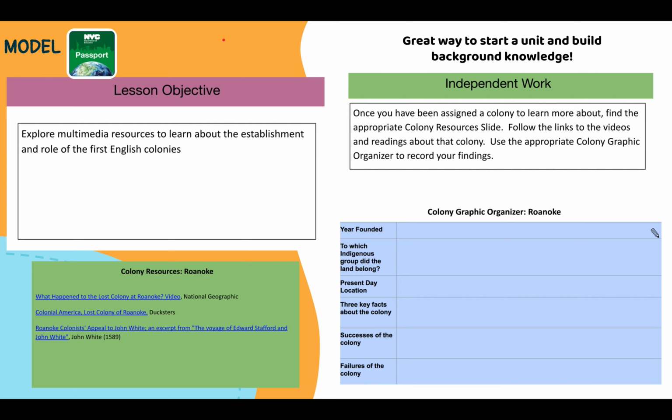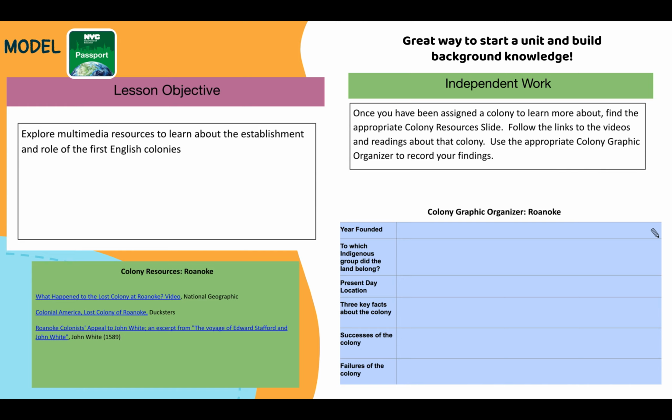So a great opportunity that you have to practice taking Cornell Notes is in Unit 2, Day 12 of Passport to Social Studies, where we explore different resources in order to learn about the establishment and role of the first English colonies.